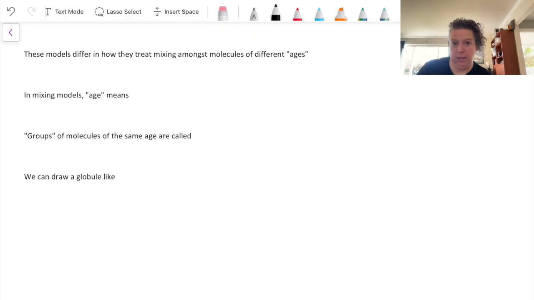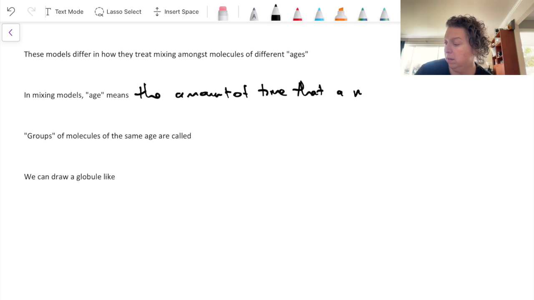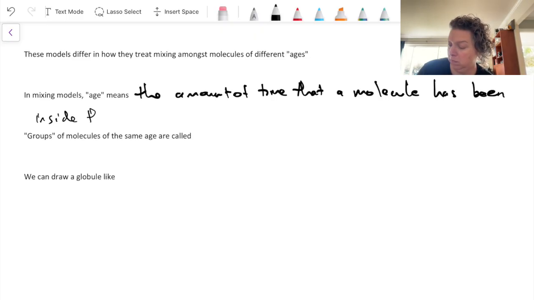In mixing, the age means the amount of time that a molecule has been inside the reactor. So what we're going to do is group together molecules that have been in the reactor the same amount of time, molecules within the reactor that are the same age. These groups of molecules of the same age, we're going to call globules.